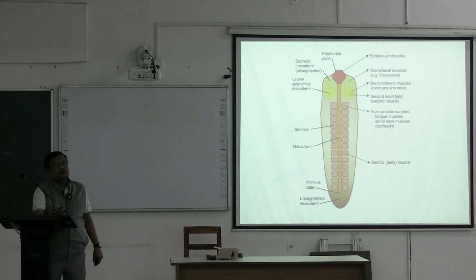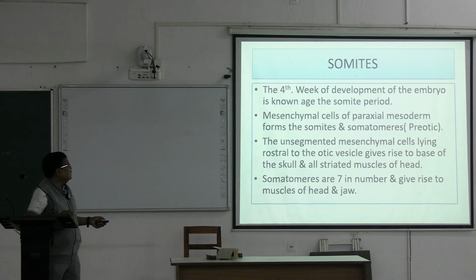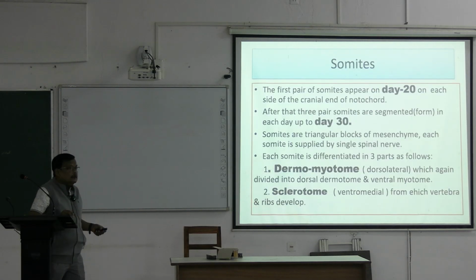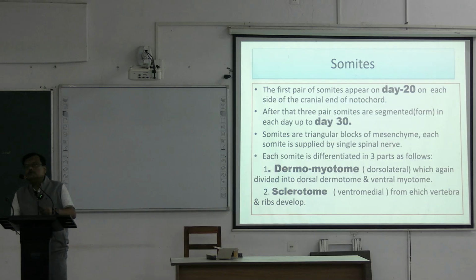So, this is all about the somites and somatomeres. Next, what is the other importance of the somites? We can determine the age of the fetus, embryo, by the development of the somites.